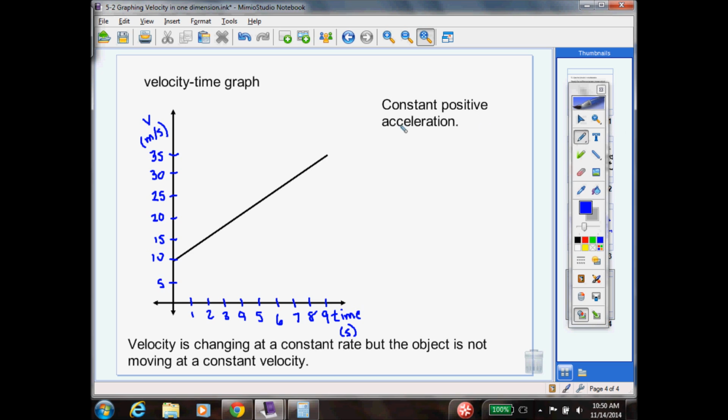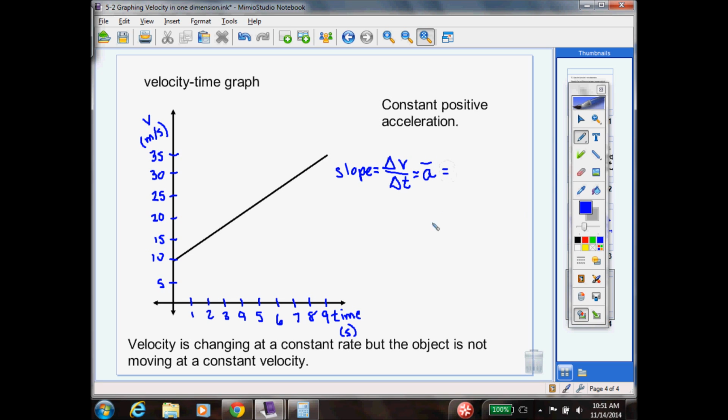Good. So we have delta V over delta T. That suspiciously looks like an S word, which is slope. So the slope, just like the slope on a DT graph gave you velocity, is going to give you acceleration or average acceleration.